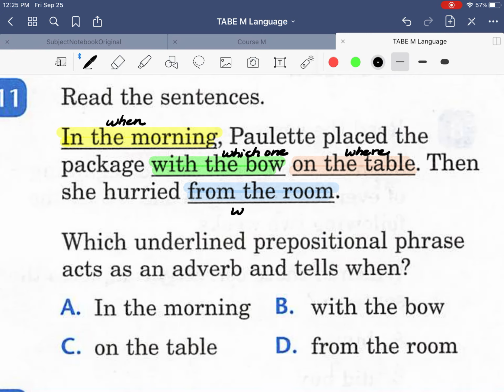From the room is a where. We want the one that tells when, and that is going to be A. In the morning tells me when she did all of this stuff, or placed the package and left the room.